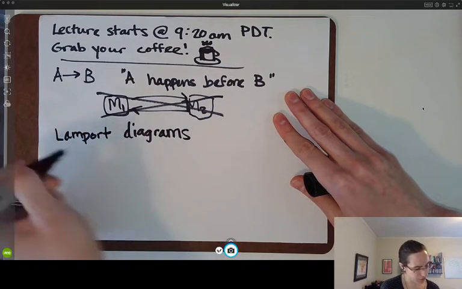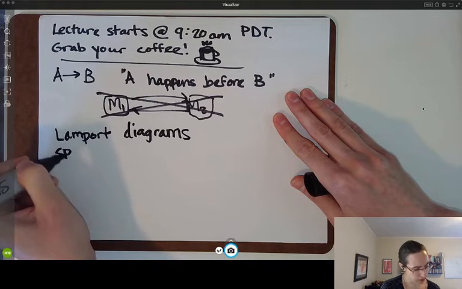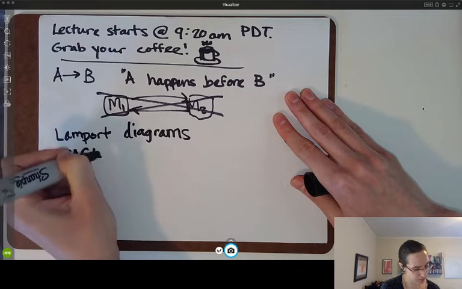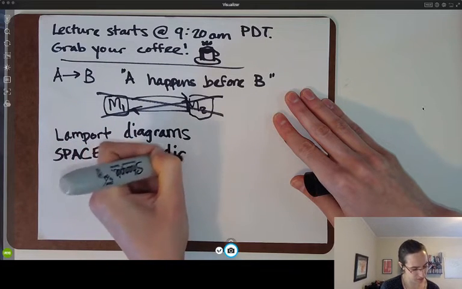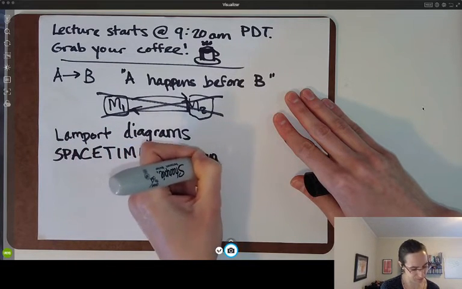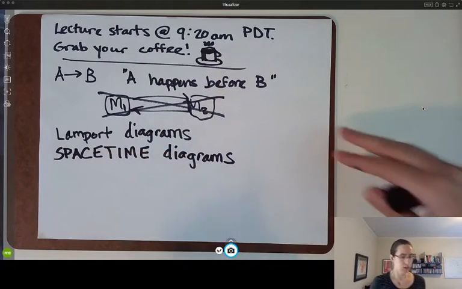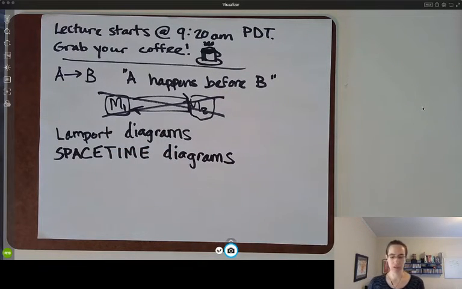Also known as space-time diagrams. The idea of a Lamport diagram is that we have a notion of a process.